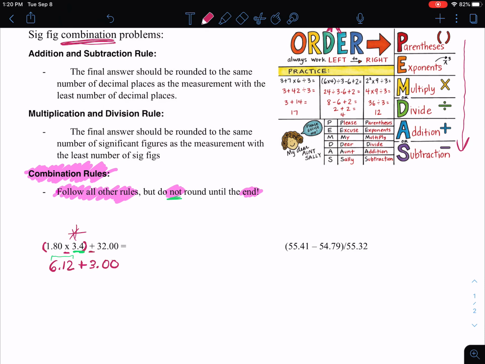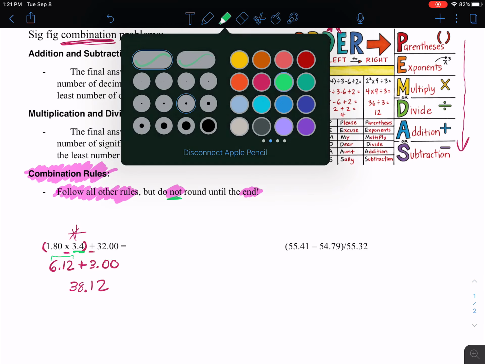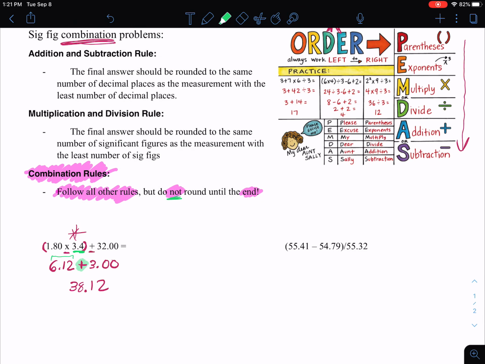When you take 6.12 plus 32.00, you get 38.12. Now what you're going to do is follow the rules for the last step. In this case, the last step is addition. Those are the rules we're going to follow. So we're looking at decimal places, not sig figs here.